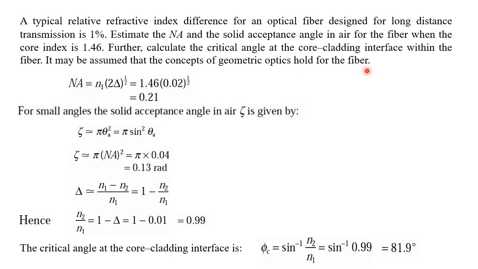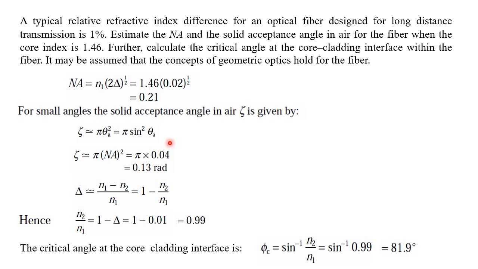It is said. So we can calculate the numerical aperture using this particular expression, n1 root over of 2 delta, because index difference is given. So it is found out to be 0.21. So acceptance angle can be written in this way.